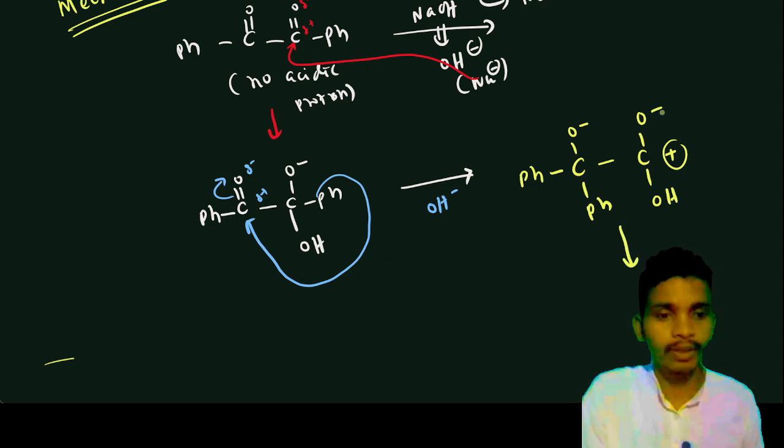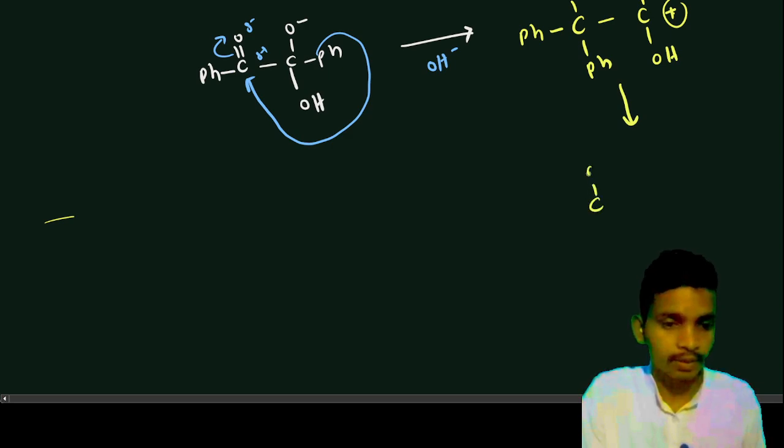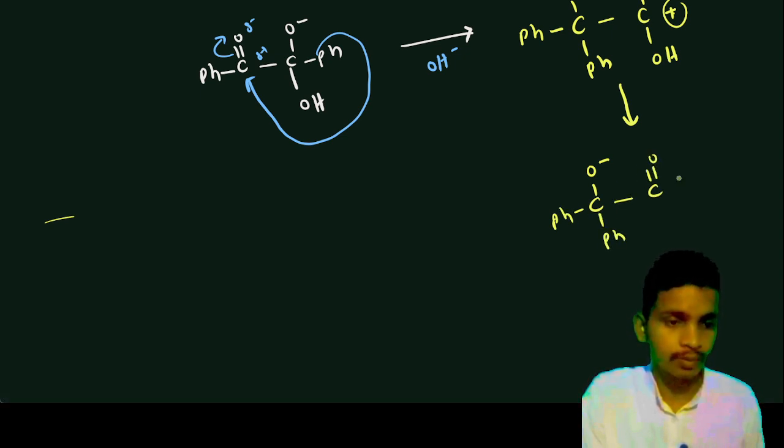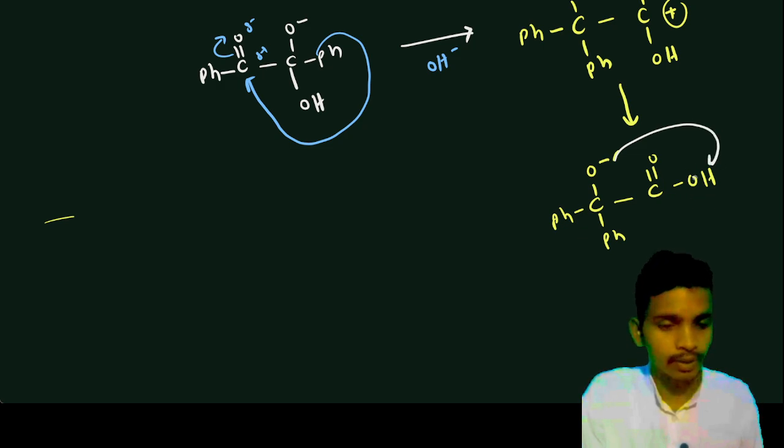Now this negative and positive make a bond, so that is going to be that CO minus. Here we have Ph, here we have Ph, this is going to be CO, and this is going to be OH. Now this negative charge here will attack this proton, take this proton, and this is going to be a negative charge here.